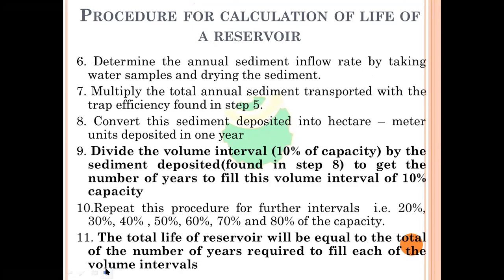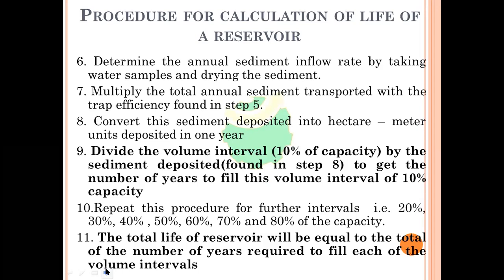Next, determine the annual sediment inflow rate by taking water samples and drying the sediment. In the previous lecture, we already discussed the measurement of sedimentation using a laboratory procedure. Collect water samples from the reservoir at different places and at different depths.